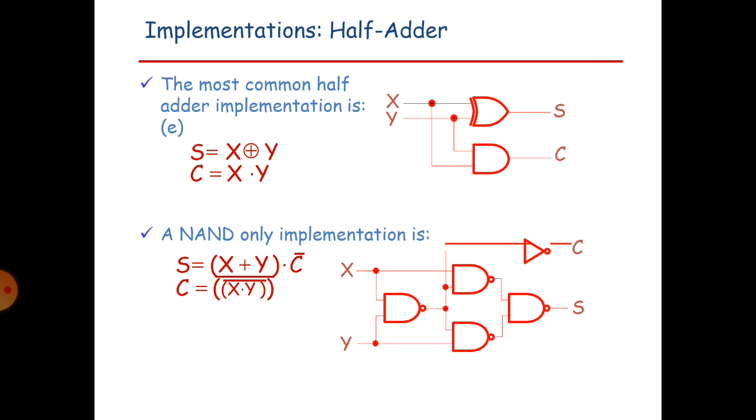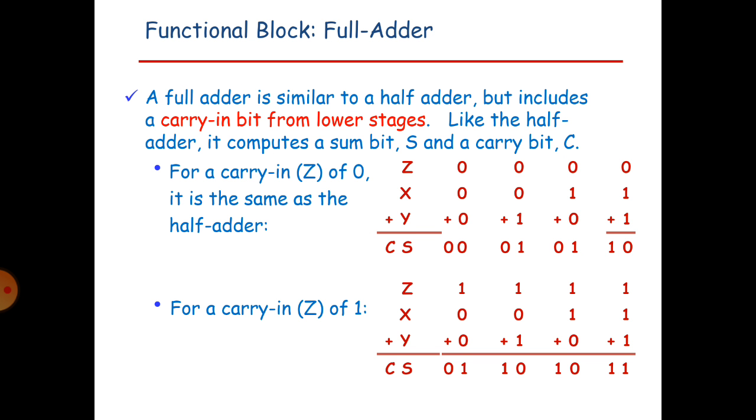The logic diagram can be drawn with x and y as the inputs. We give the inputs to an XOR gate, and its output is the sum. The carry can be designed by an AND gate. The x and y inputs are given to the AND gate, and the output is the carry. So this is the logic diagram of the half adder. And the next is the functional block diagram of the full adder.